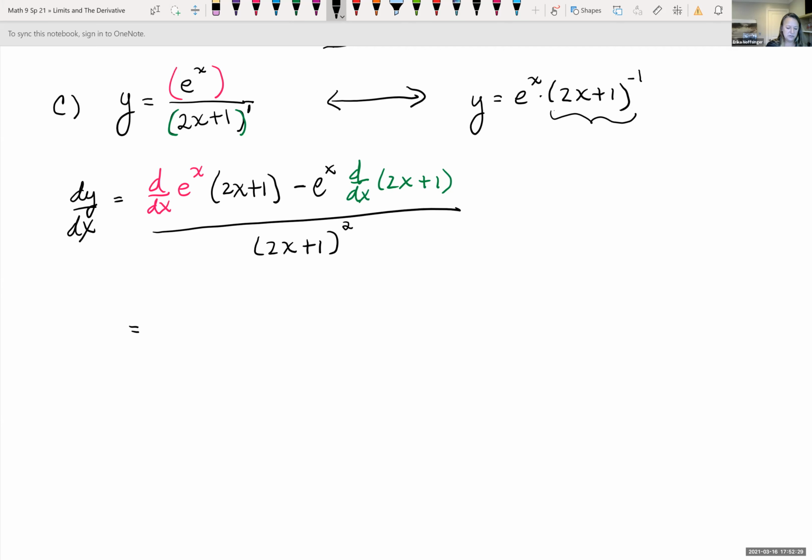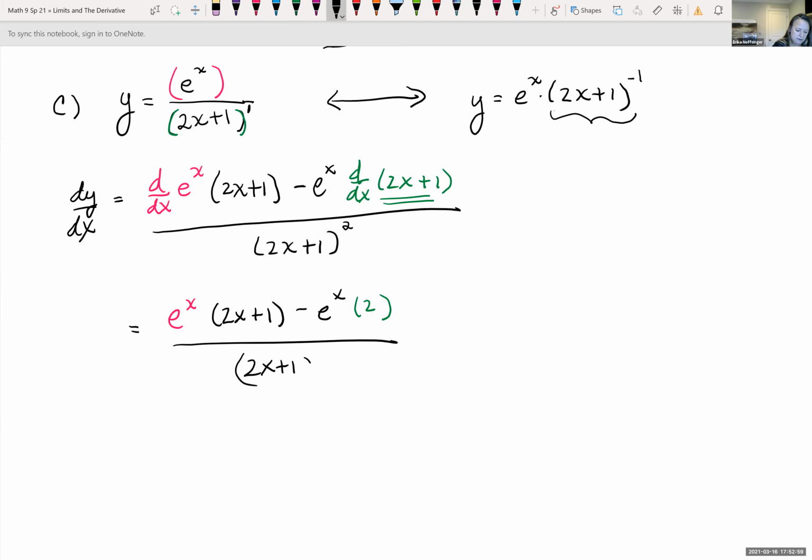So going through here, the derivative of e to the x, my power is just x, so the derivative of e to the x is just e to the x itself, all times this 2x plus 1, minus this e to the x. And the derivative of 2x plus 1, well, the derivative of 2x is just 2, the derivative of 1 is 0, all over 2x plus 1 quantity squared.